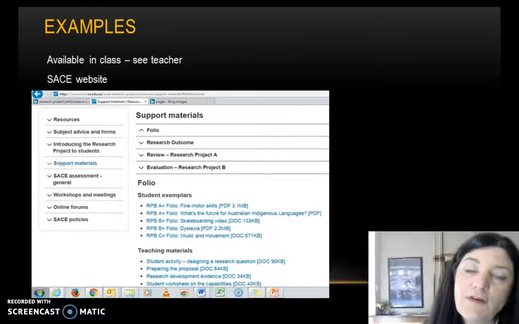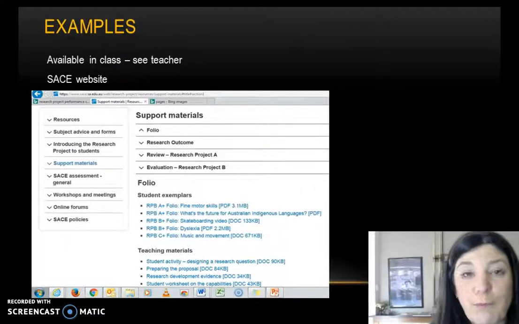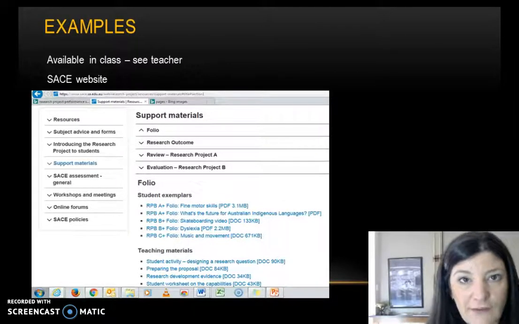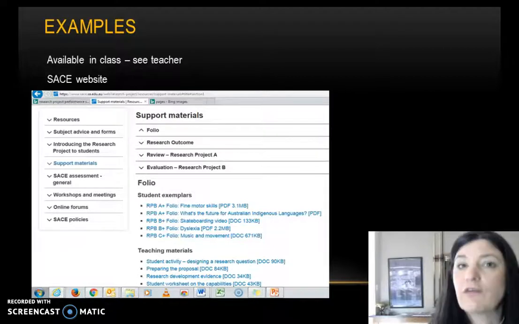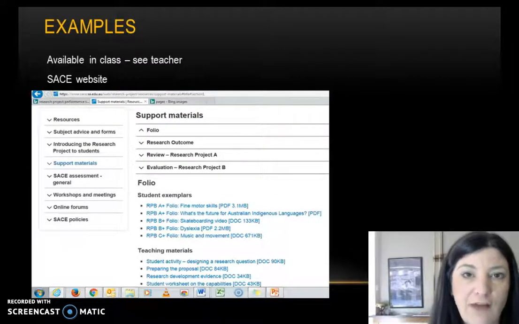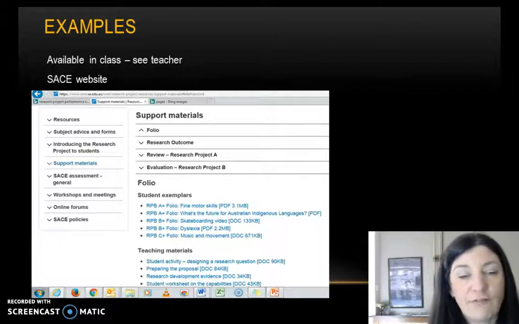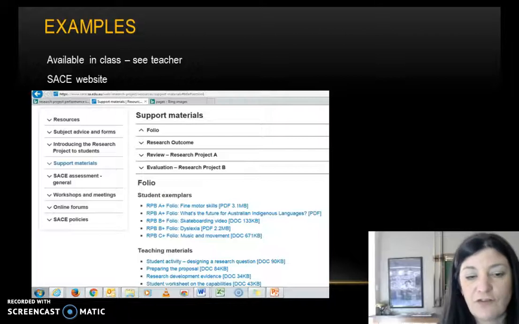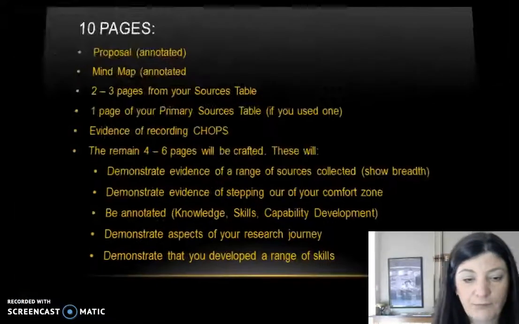To look for further examples, please go to the website where there are student exemplars, and they've also got the gradings on them, so you can look at how each of these 6 performance standards have been marked and what evidence those students gave in relation to their topics to hit those grades.